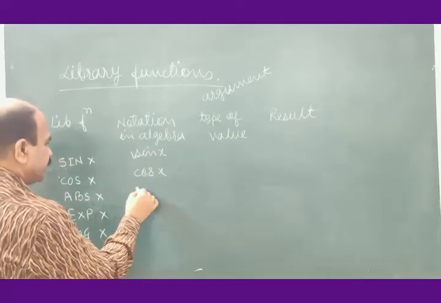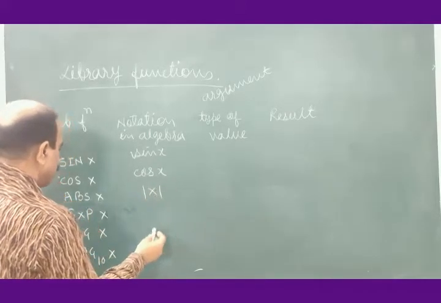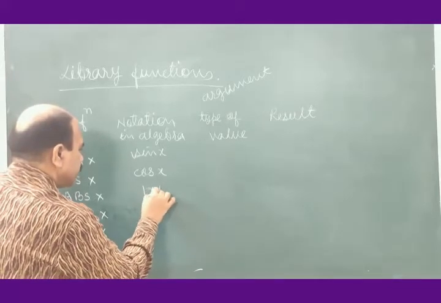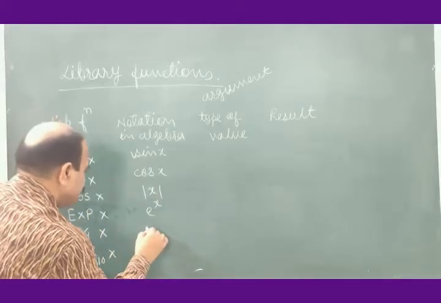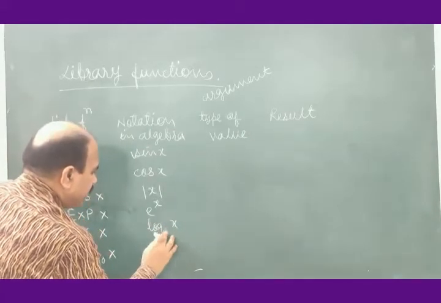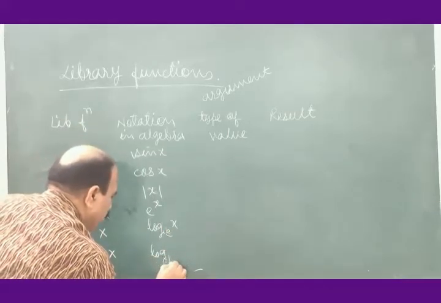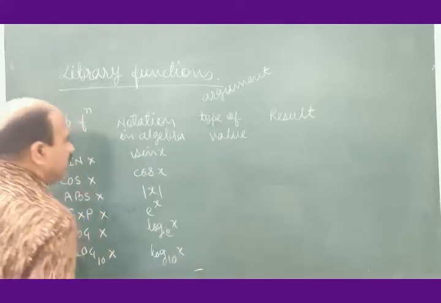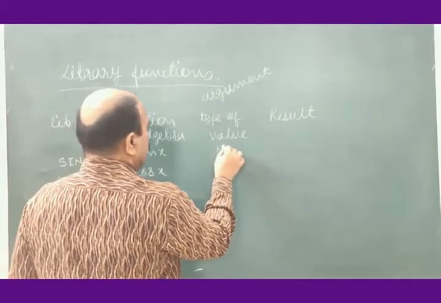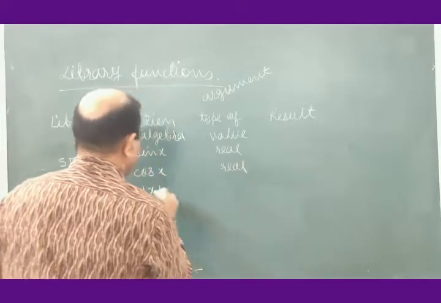Cos x, modulus of x, e to the power x, log to the base e of x, log to the base 10 of x. How should this x be? It should be real. This x should be real.